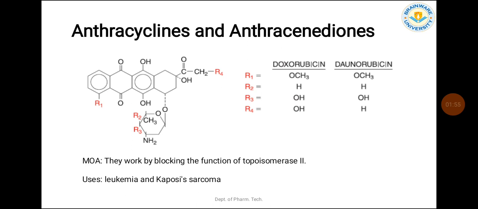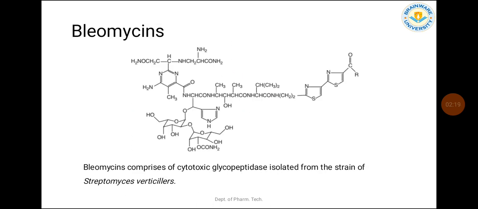In case of doxorubicin, the groups are OCH3, H, OH and H, and in case of daunorubicin, you can find only hydrogen for the R group. So there is not too much differentiation. It works by blocking the function of topoisomerase 2, the enzyme responsible for DNA replication. Uses are in leukemia and Kaposi sarcoma.